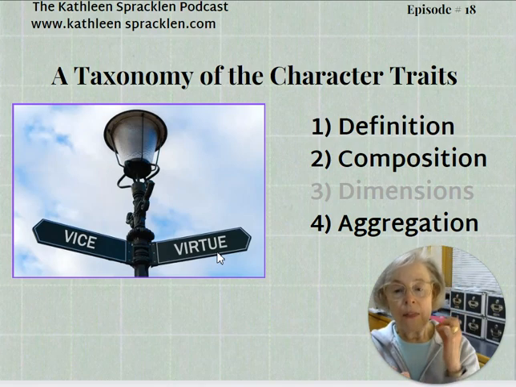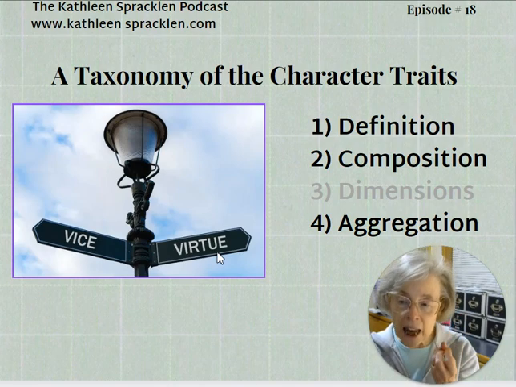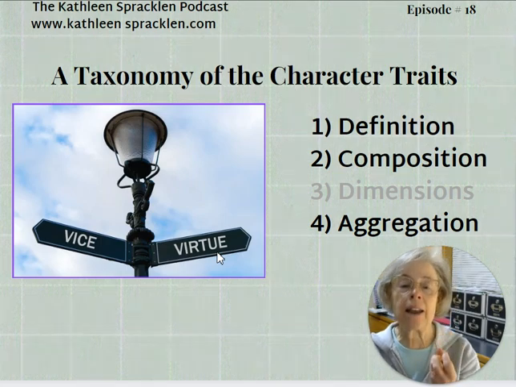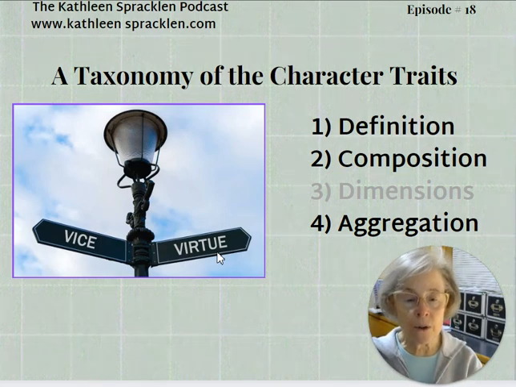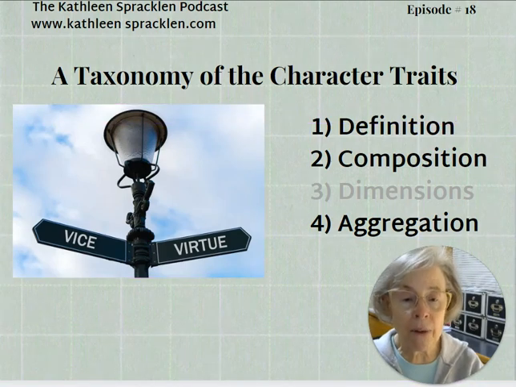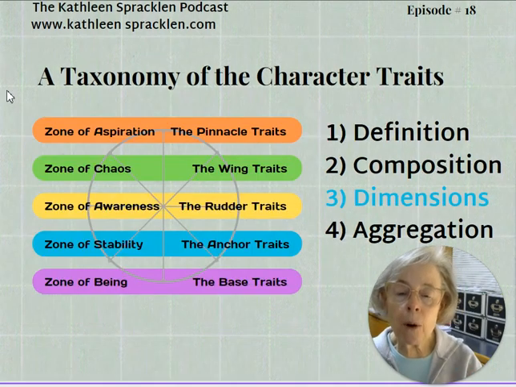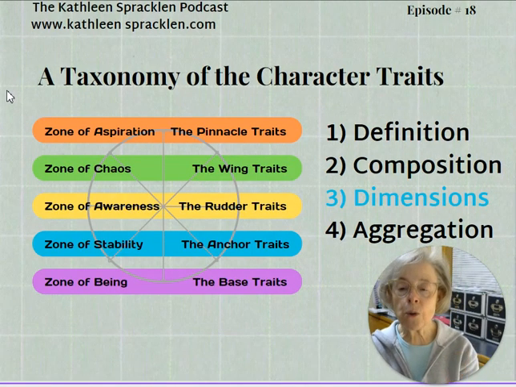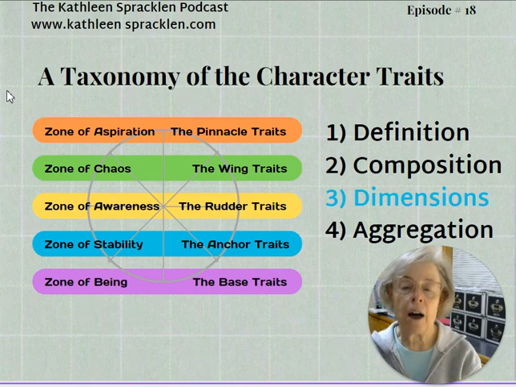However, this is an oversimplification of the dimensionality that is involved in the character traits. So let's take a quick overview, and it will have to be fast. We'll go into it more in the future. But this is a true representation of the dimensionality of the character traits.